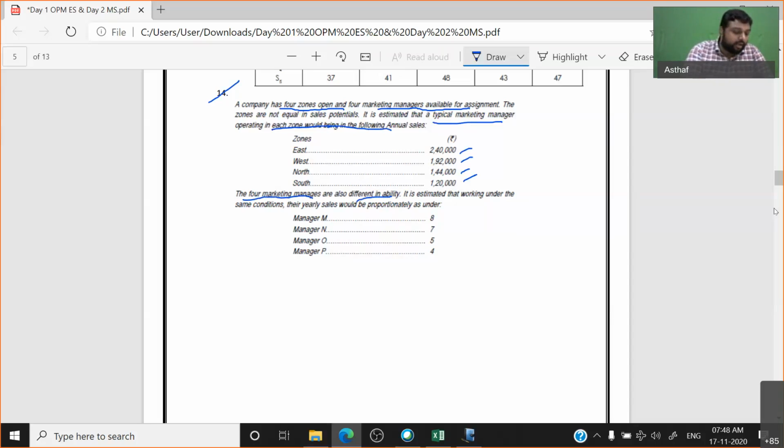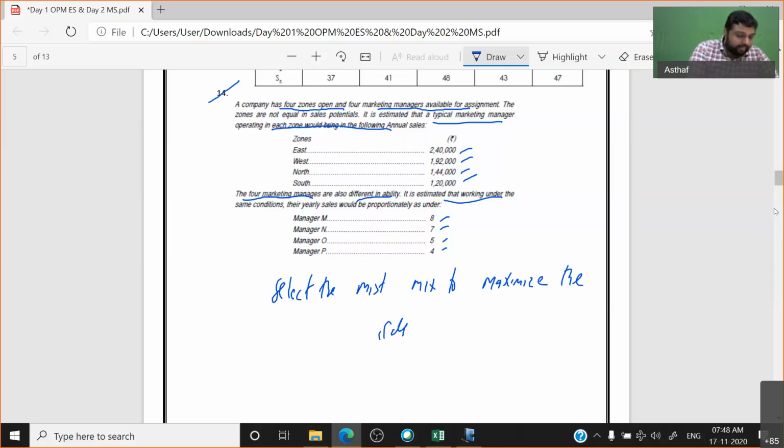There is a small printing omission in the question. You have to select a proper allocation to maximize the sales.